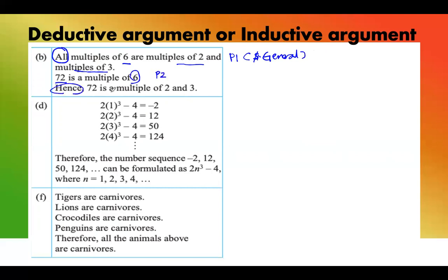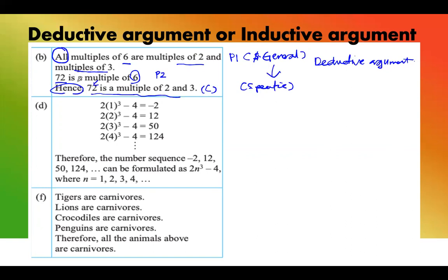Hence, this is the conclusion. Our conclusion is very specific, it is talking about 72. So from general to specific, this is a deductive argument. It comes from the word deduce. Any multiple of 6 must be a multiple of 2 and a multiple of 3.